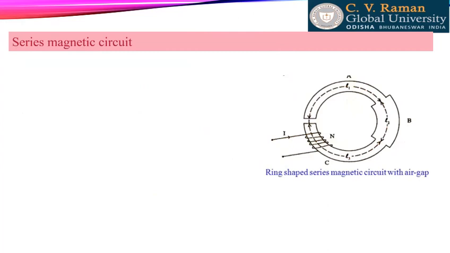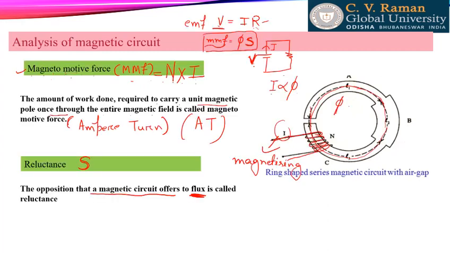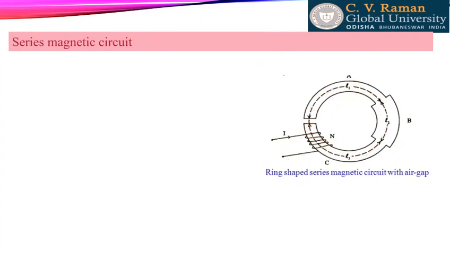So what will be your Ohm's law for your magnetic circuit? It will be MMF is equal to phi into S. We can write MMF is equal to phi into S. So you can see this is your series magnetic circuit as we have discussed.